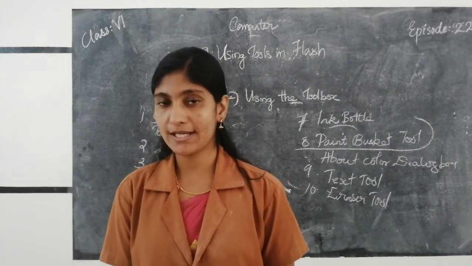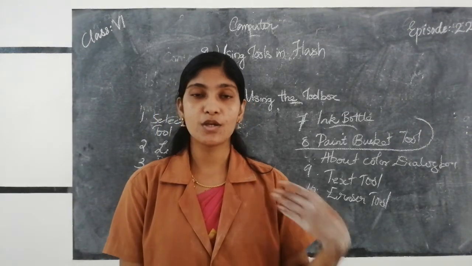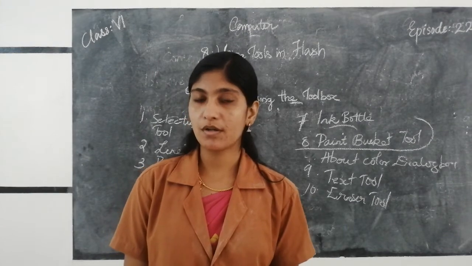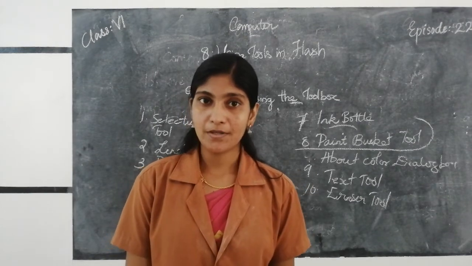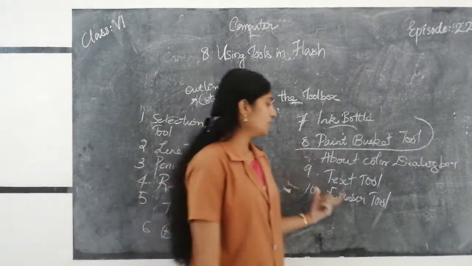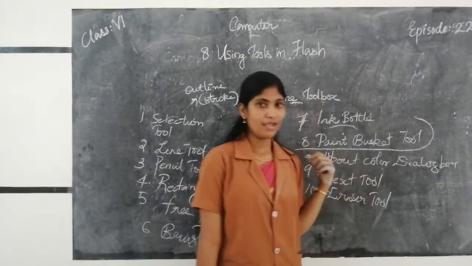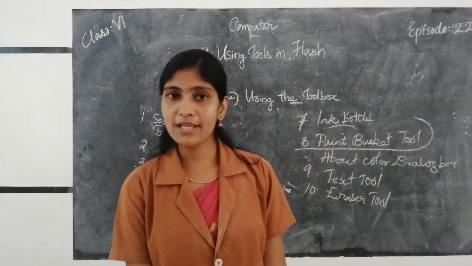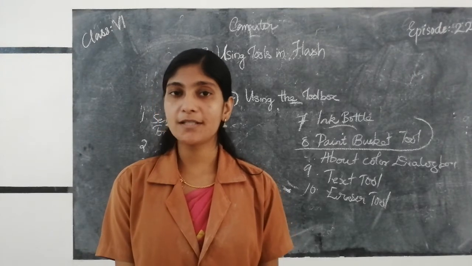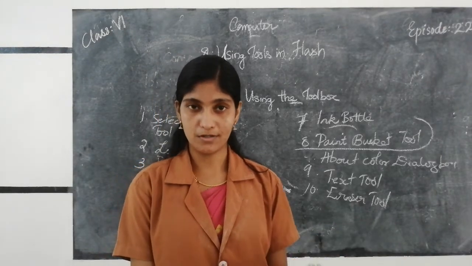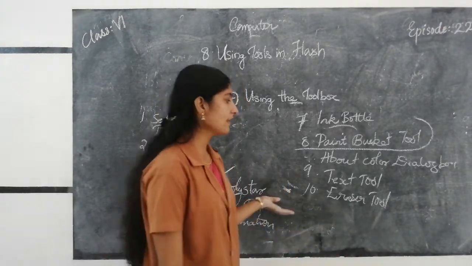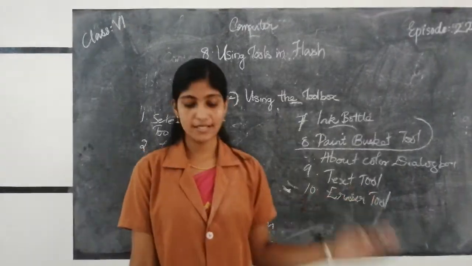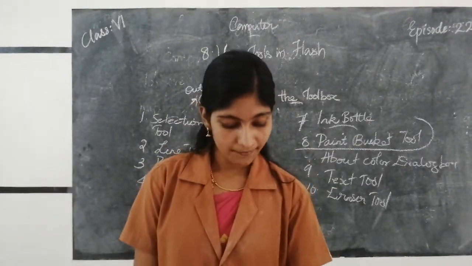Stage means it's the working space or the working area. If you want any captions for your object, for that purpose you can use the text tool. And eraser tool means simply if you want to remove unwanted portions from the area of your object, then you can select the eraser tool. So these are the main important tools.